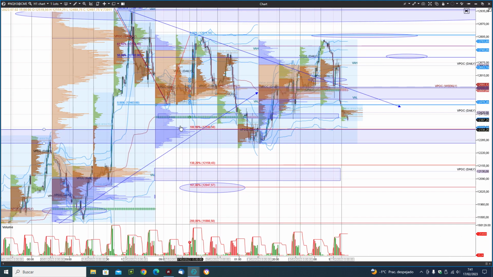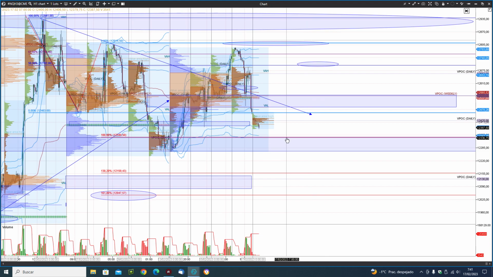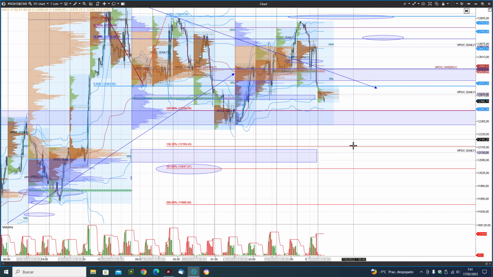Nasdaq, the price is facing this price action zone, and next step will be this high volume node exactly at 12,339. It's on this very important price action zone, this rectangle. This would be the first step.